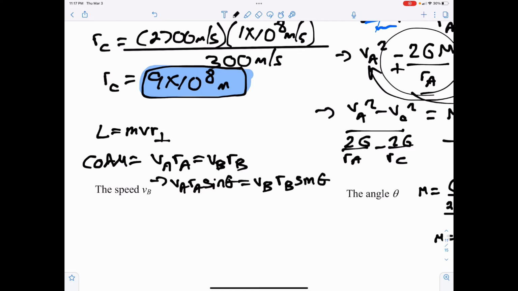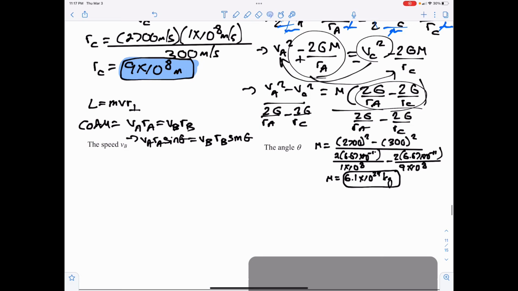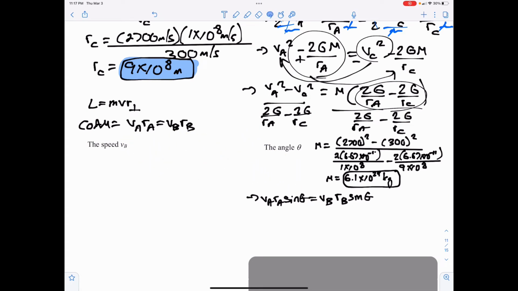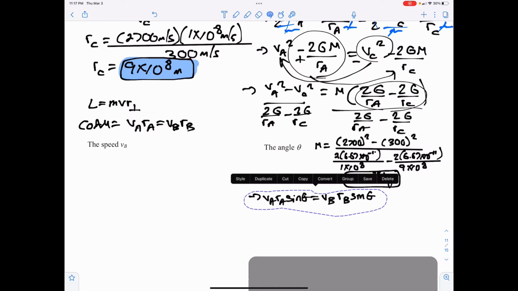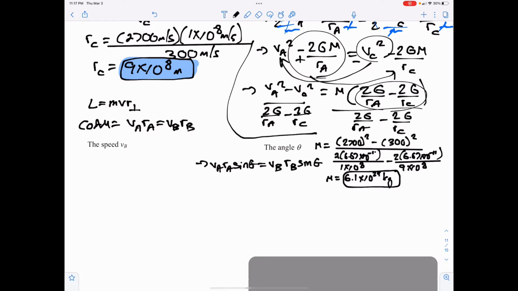Well, we don't know what theta is, right? In fact, that's exactly what we're looking for right here. So this would be what we want to use in this part of the problem solving. Let me section off this work here. There we go. But it's not going to help us for this because we don't know that information just yet.